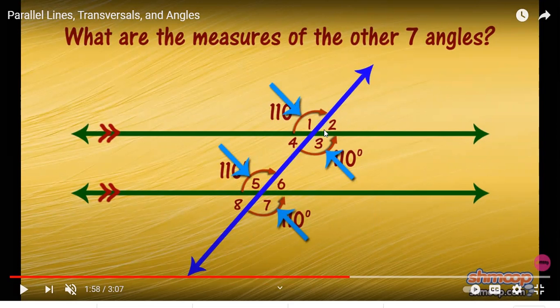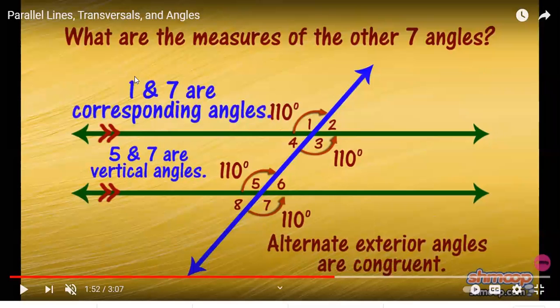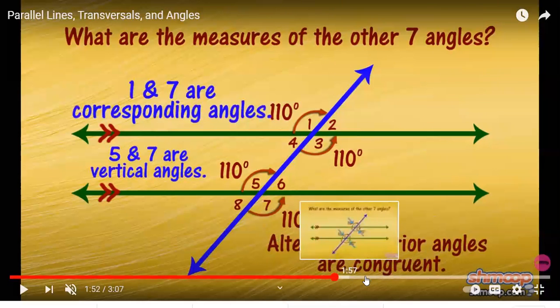Odd with odd, 1 and 3, 5 and 7. 1 and 7, they are not corresponding angles. 1 and 7 will be alternate exterior angles. 5 and 7, we will search where they are. 5 and 7, yes, they will be vertical angles.